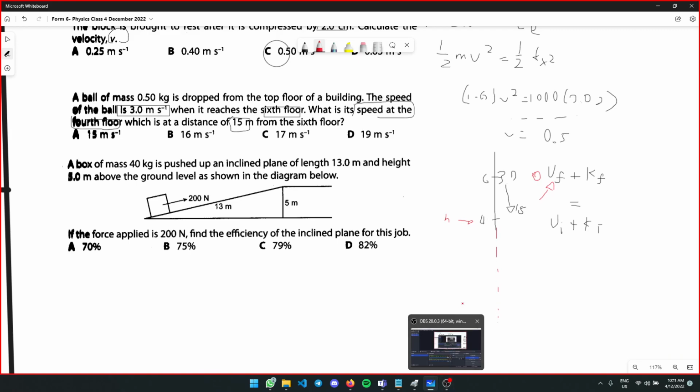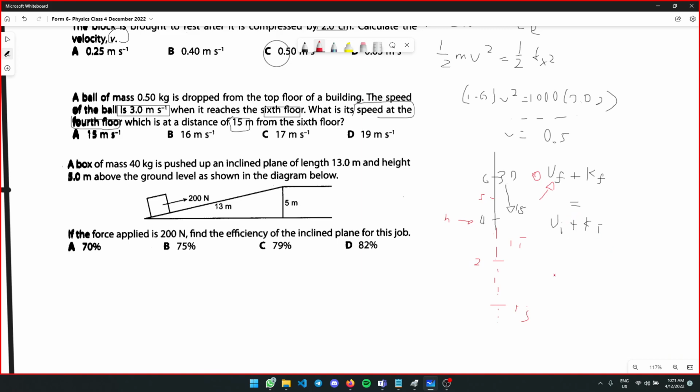You can go endlessly down. If you say every 2 floors is 15, that's another 15, and another 15. You keep going, but it's unnecessary. You can just stop it here.